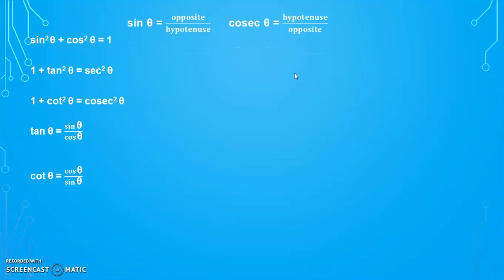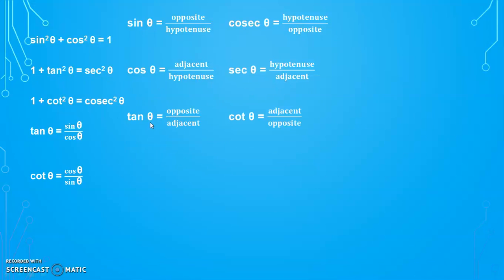We know the trigonometric ratios: sin theta is opposite by hypotenuse, cosecant theta is hypotenuse by opposite, cos theta is adjacent by hypotenuse, secant theta is hypotenuse by adjacent, tan theta is opposite by adjacent, and cot theta is adjacent by opposite.